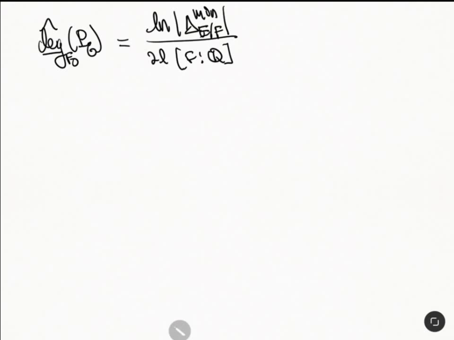This is where the minimal discriminant comes in. This was the other piece of information that we have.